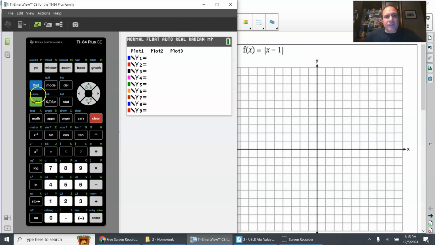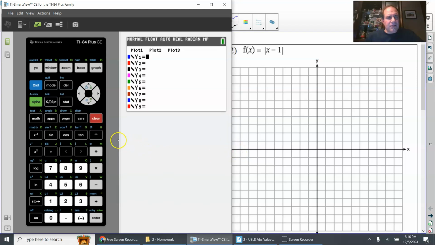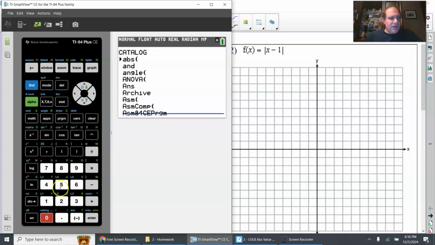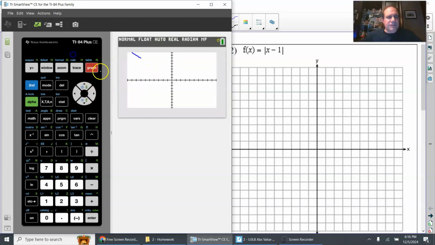And the other way that I wanted to show you to get to the absolute value on this calculator is that you could press second function and 0, second function catalog, and it'll bring up the catalog screen. You see the ABS there, you just press enter and you're good to go. So it's x minus 1 that goes inside the absolute value bars, and then you press graph.